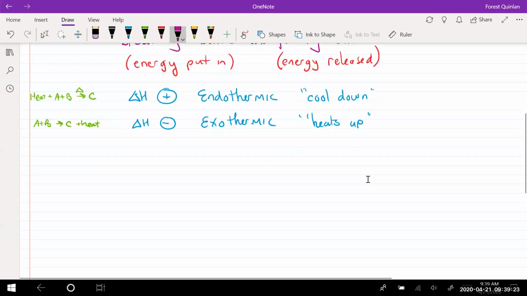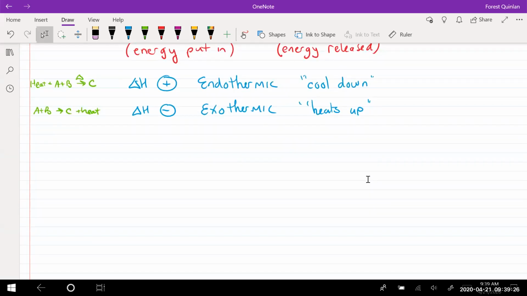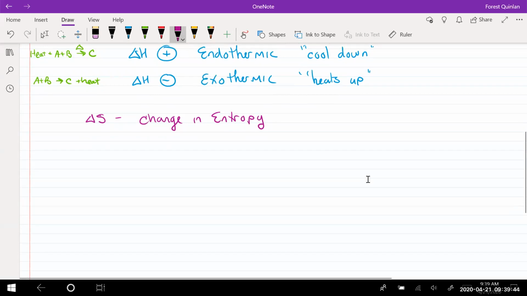Okay, the other thing we have is entropy. So the change in S, this is called the change in entropy. And basically, this is a measure of the disorder of a system.